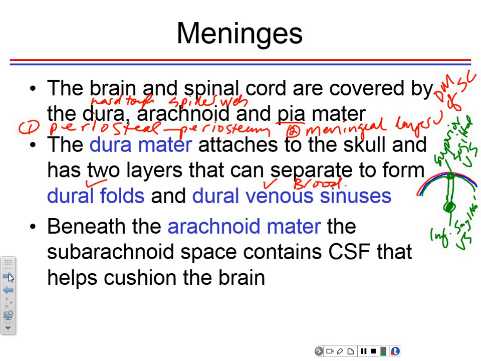So we've got our bone on the top, the periosteal layer of the meninge, and then the meningeal layer of the dura mater. Then you have the arachnoid. Then under the arachnoid is the subarachnoid space with the cerebrospinal fluid. And then under that is the pia mater, then brain tissue. So this cerebrospinal fluid helps to cushion the brain from the cranium.